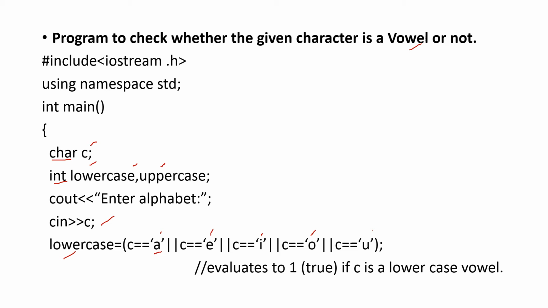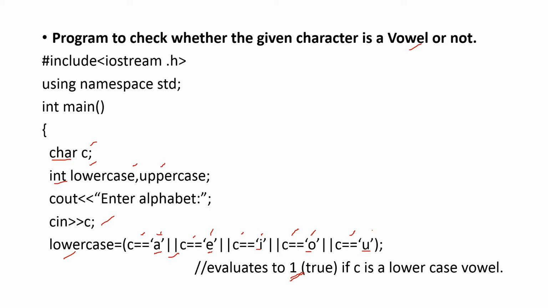That is, if C is equal to A or C is equal to E or C is equal to I, C is equal to O or U. It will check any of the conditions. If it is true, 1 will be displayed. That is, if the entered character is either small a, small e, small i, small o or small u.